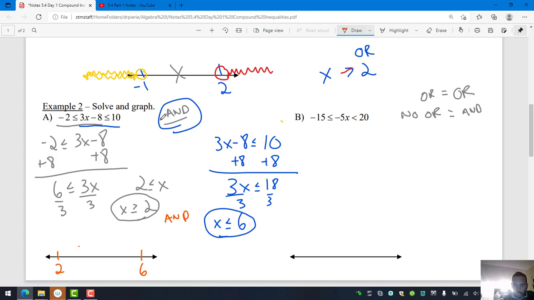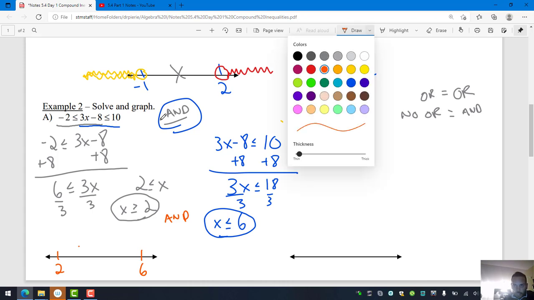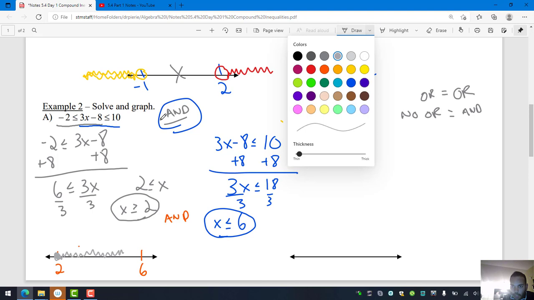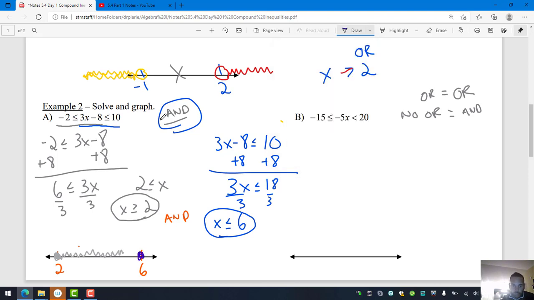Okay. So the first thing I see here is x is greater than or equal to 2. It's going to be a closed circle at 2, and my arrow is pointing to the right, so this should be shaded to the right. Do the exact same thing for x is less than or equal to 6. Because it's less than or equal to, it's going to be a closed circle at 6, and my arrow is pointing to the left.